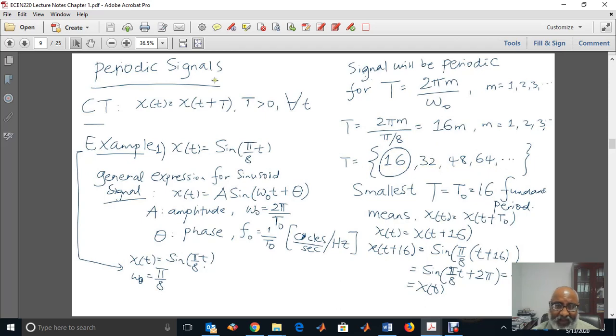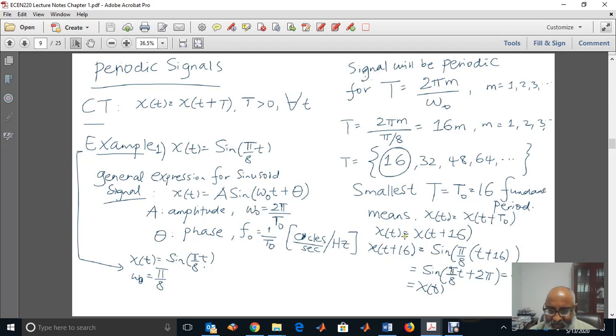So that means x of t is equal to x of t plus 16, x of t is equal to x of t plus 32, x of t is equal to x of t plus 48. All these are possible periods for x of t. Among that, the smallest one is 16, which we call the fundamental period. So T naught is equal to 16.